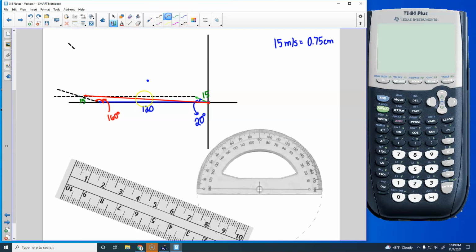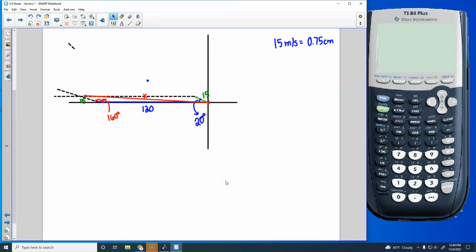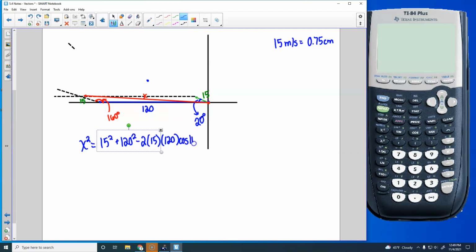So if we're trying to find that resultant vector there, we would have to use our law of cosine. So we would say x squared would equal 15 squared plus 120 squared minus 2 times 15 times 120 cosine of 160.